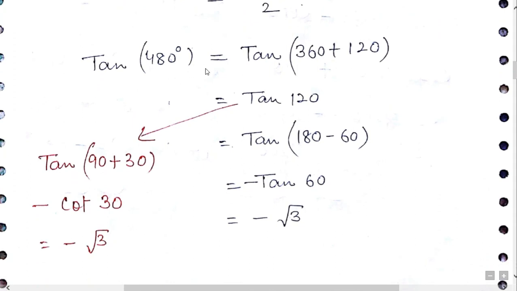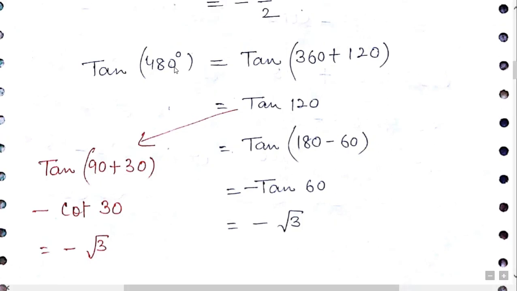Suppose the value is greater than 360. Then in the first step, divide the angle into 2 parts such that the first part is a multiple of 360 and the second is below 360. Now 2 points are there.